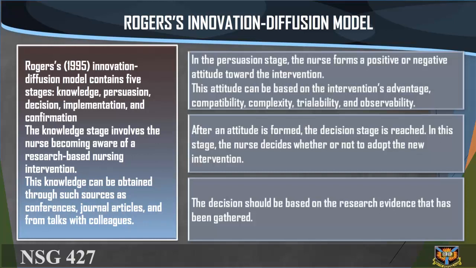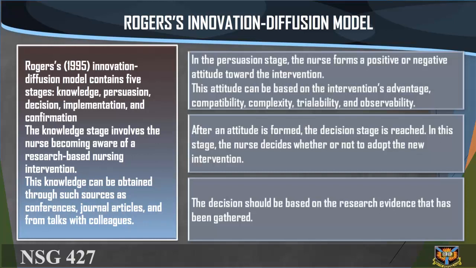The knowledge stage involves the nurse becoming aware of a research-based nursing intervention. This knowledge can be obtained through such sources as conferences, journal articles, and talks with colleagues. In the persuasion stage, the nurse forms a positive or negative attitude towards the intervention.